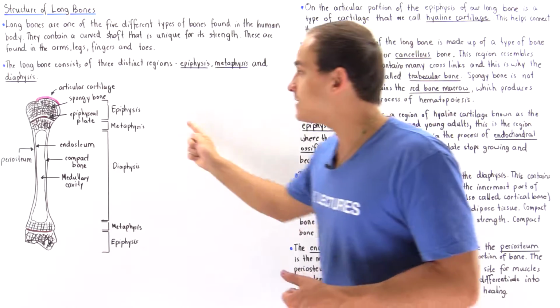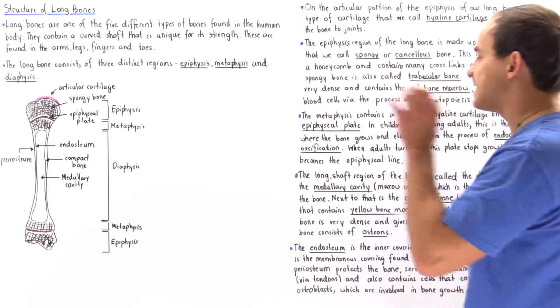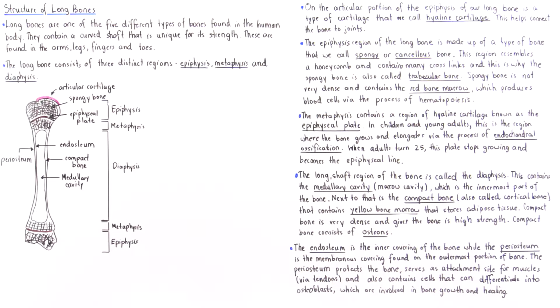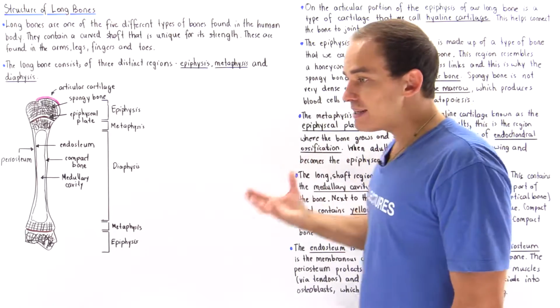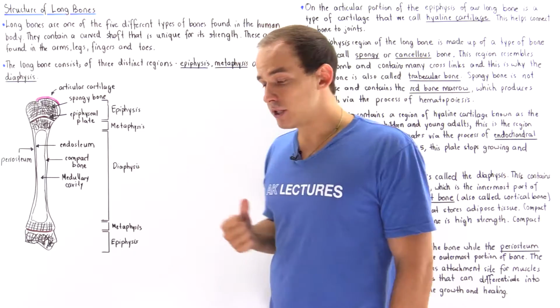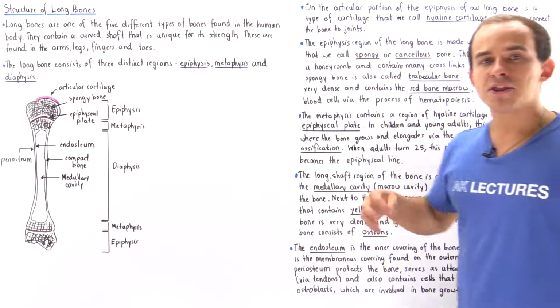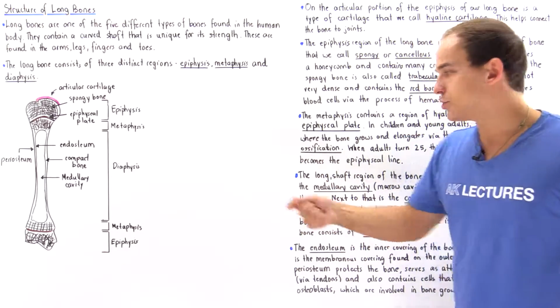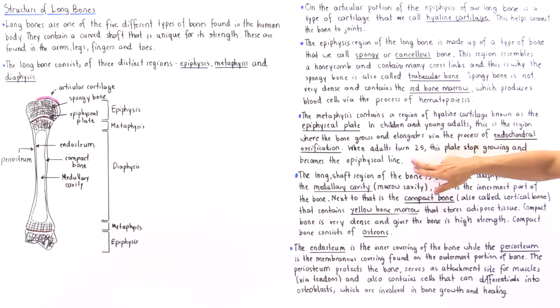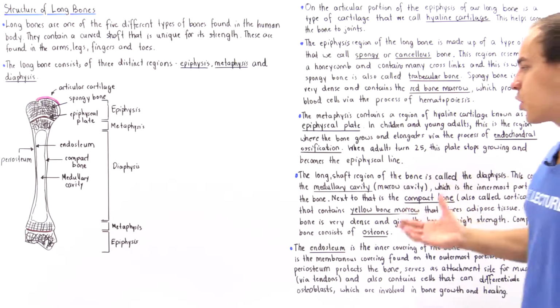So this plate is found in our metaphysis section of our long bone. Once a human becomes a full adult, when they reach the age of 25, this plate essentially stops growing and the epiphyseal plate turns into our epiphyseal line. That means it stops growing.